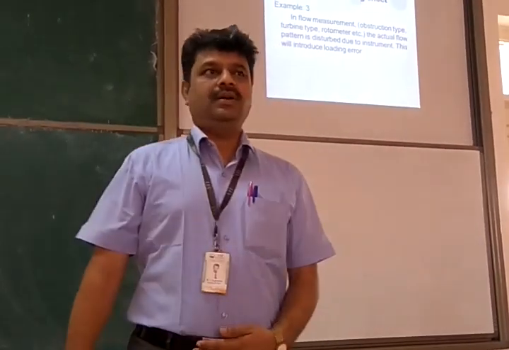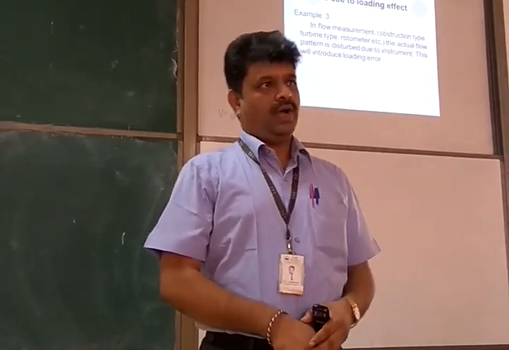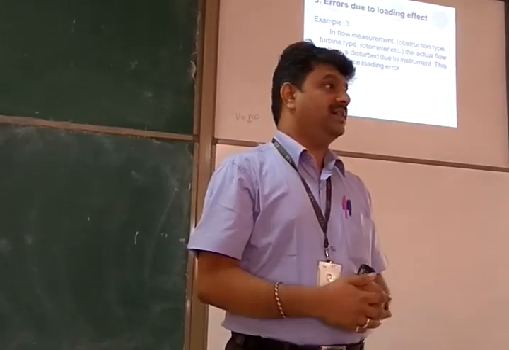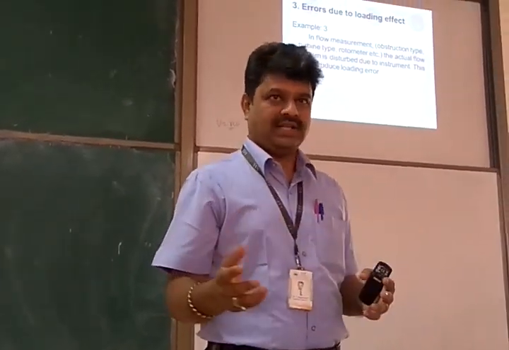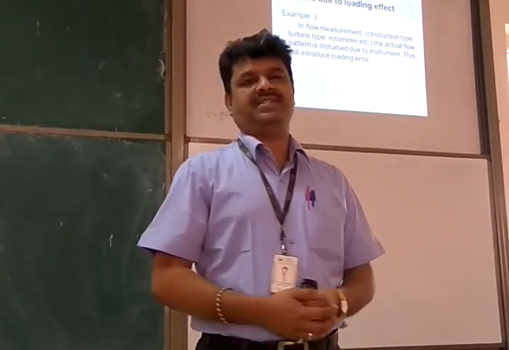Flow measurement. Have you done a fluid mechanics laboratory? You might have used obstruction type flow meters like orifice meter, venturi meter, flow nozzles, or even turbine meter, things like that. A lot of obstruction meters.